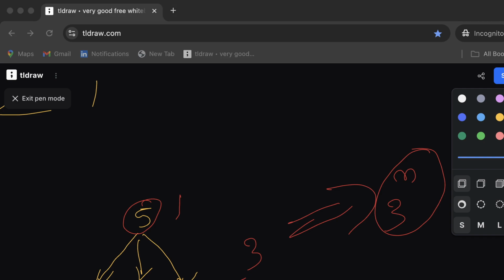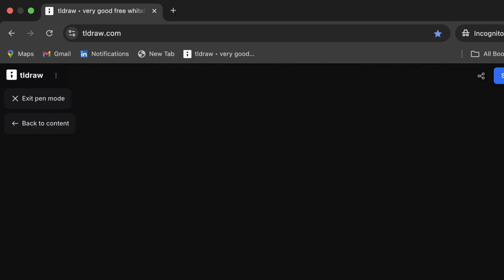Let's do more. Diagram for recursive. Factorial is linear.